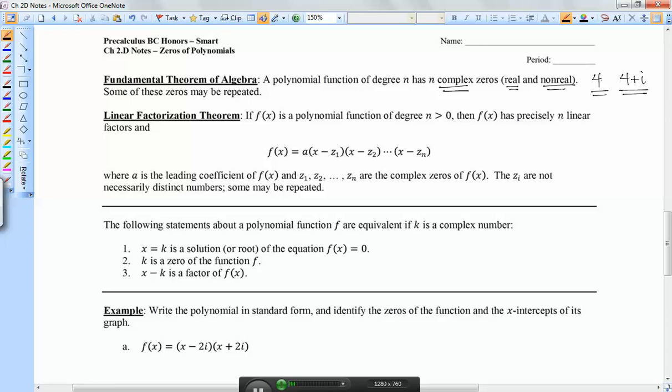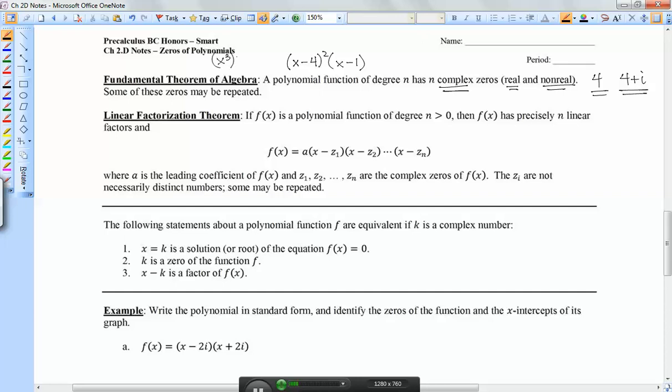This would just be 4 plus 0i. Okay? So they all count. And some of the zeros might be repeated. So, let's say the polynomial you're looking at is x minus 4 squared times x minus 1. That's really an x cubed polynomial, right?